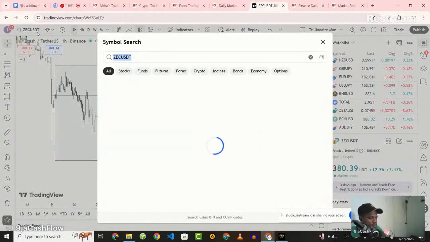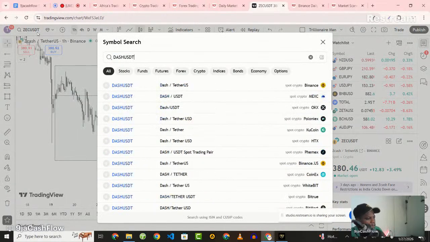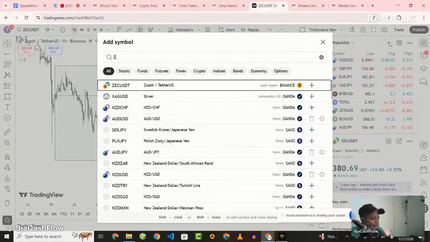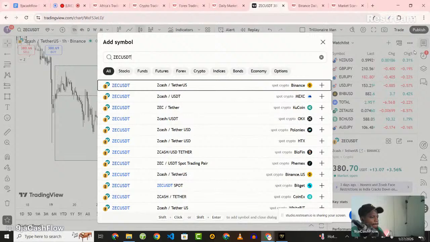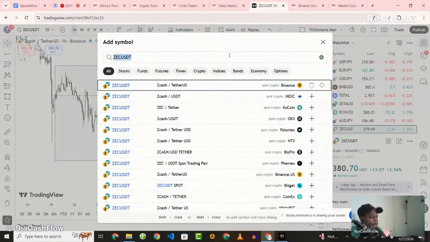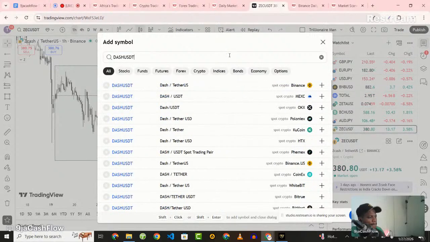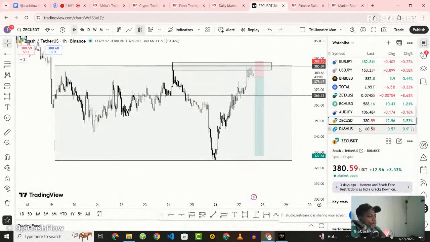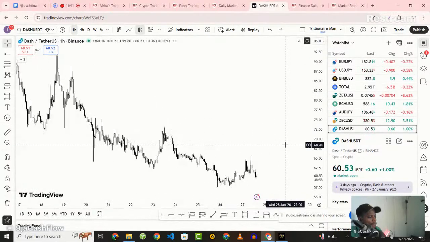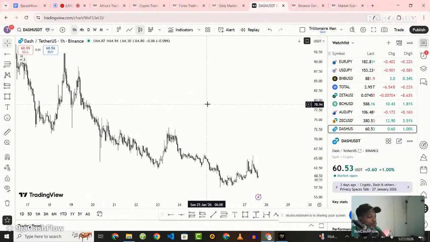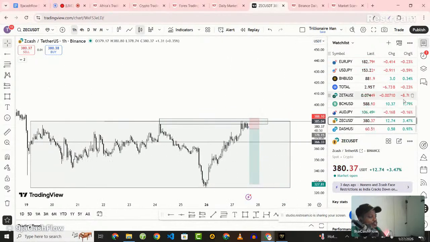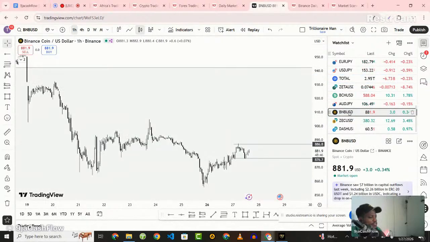Let's check Dash. Guys, if you get money, go and short ZEC.